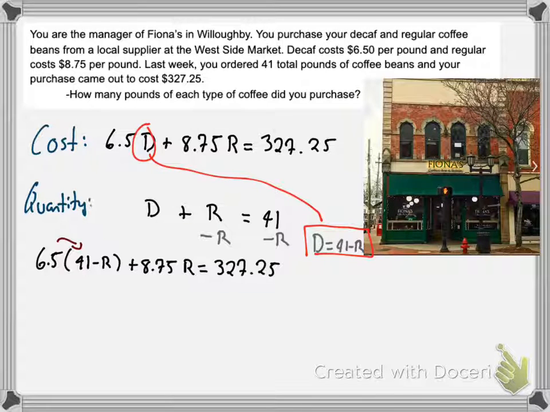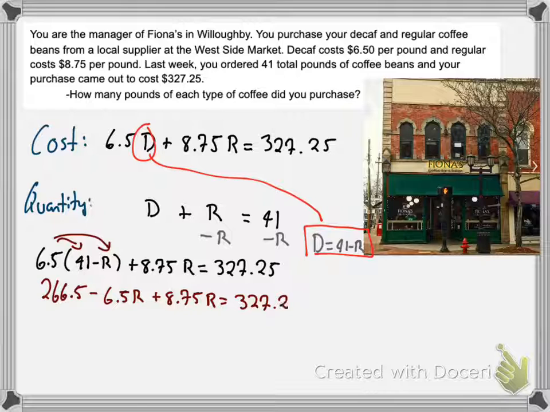First I'm going to distribute. That's going to give me 266.5 minus 6.5R plus 8.75R equals 327.25. From here, I want to combine like terms, so I'm going to combine the R's and combine the numbers. The negative 6.5 and 8.75 combine to give me 2.25R.